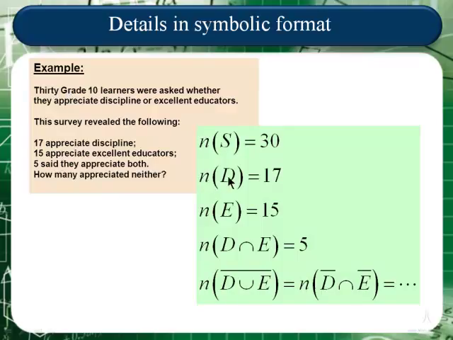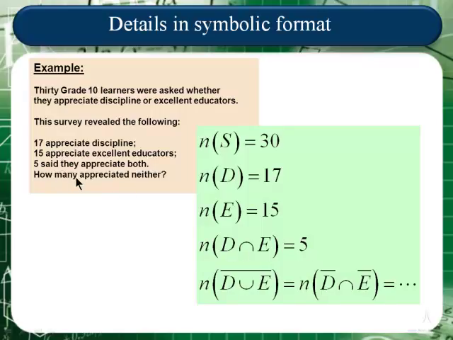The cardinal number of D, let's call the event appreciate discipline, all the learners contained in this event, we know is 17. So you see, we know the cardinal numbers of the events. 15 of them appreciate excellent educators, so let's indicate excellent educators by E. And then 5 said they appreciate both, so the cardinal number of D intersection E is 5.